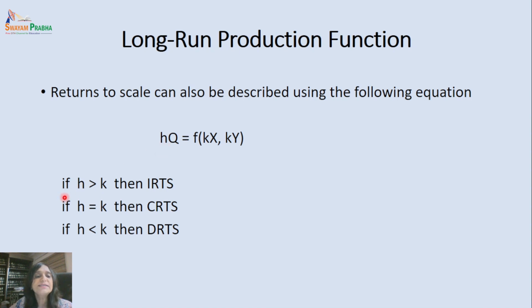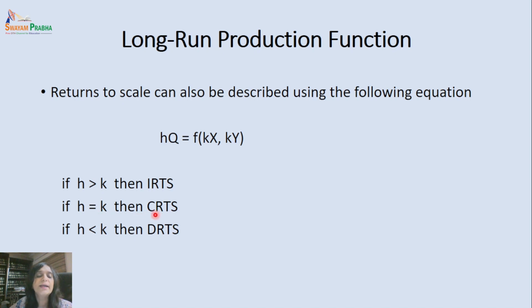So if this change in quantity or output, which is indicated by h, is greater than k, that is, the change in output given by h is more than the change in input given by k, then we call it increasing returns to scale. Second situation is the change in output h is equal to the change in input k.